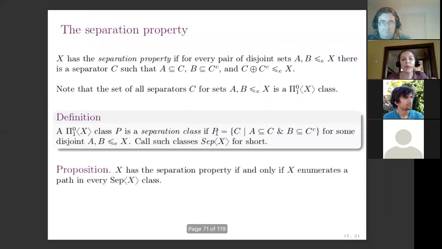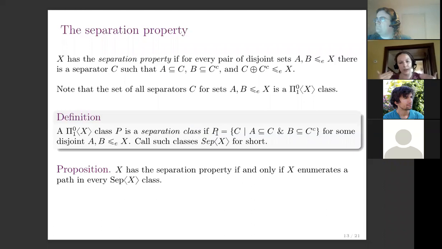Okay, so now just a restatement of the separation property highlights a nice analogy to a previous property. We can say that X has the separation property if and only if X enumerates a path in every sep-X class.